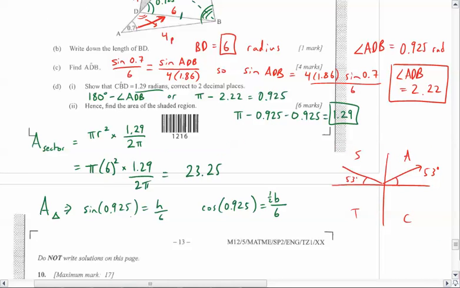Which is good because the area of the triangle is half of the base times the height. So I just need the height, which is 6 times sine of 0.925, and then times half of the base, which is 6 times cosine 0.925.